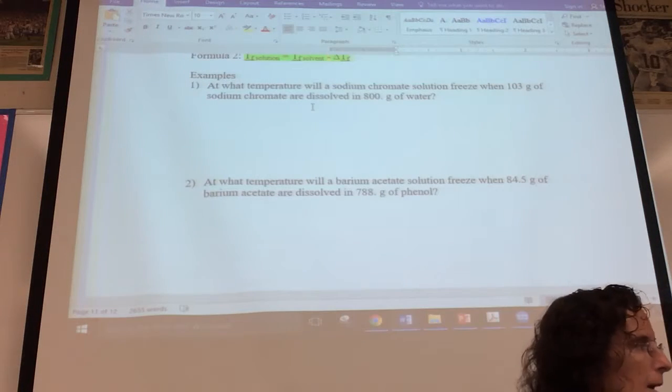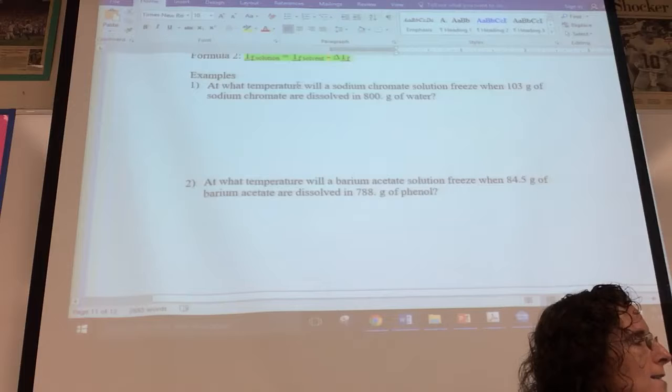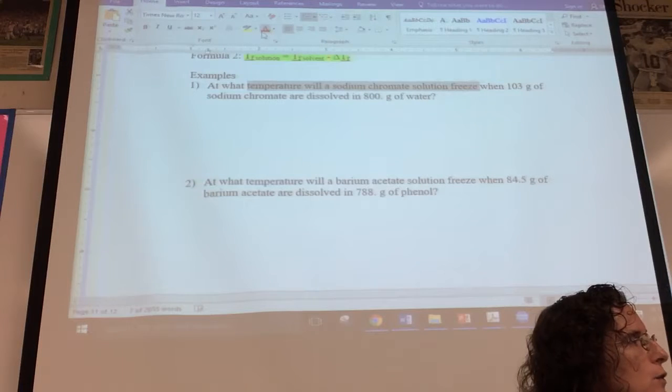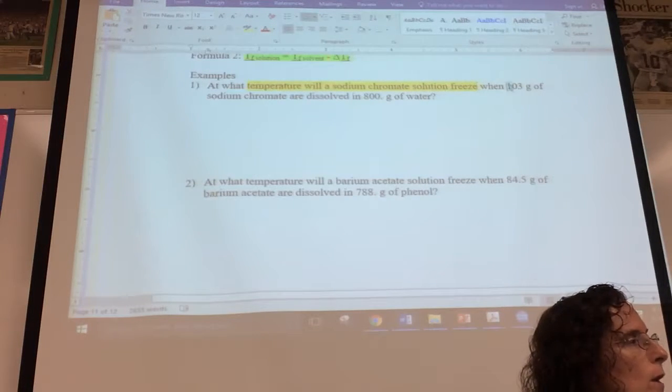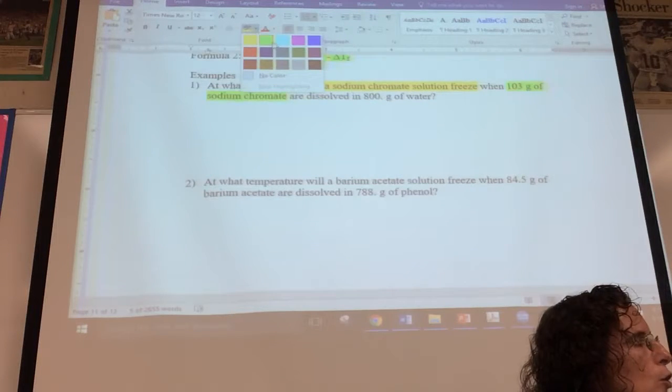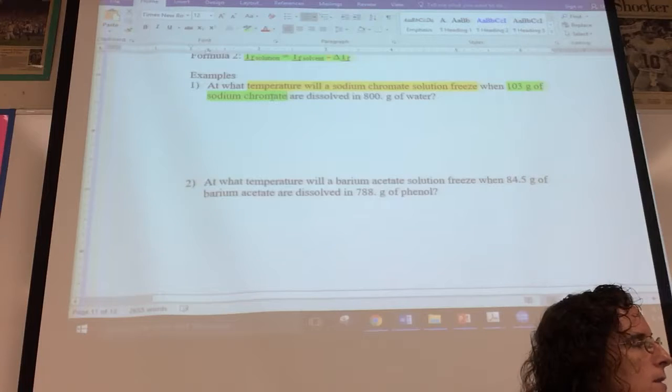In the first example, it says at what temperature will a sodium chromate solution freeze? So we're looking for the freezing point of the solution. We have 103 grams of sodium chromate, an ionic substance that's soluble in water because it starts with group 1.